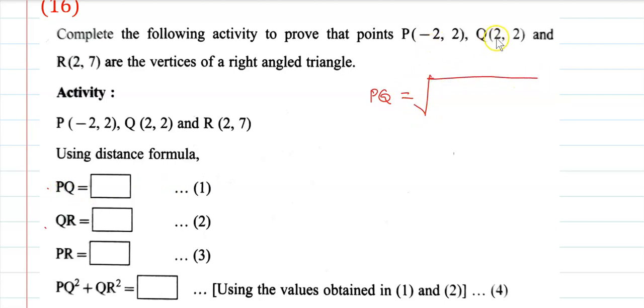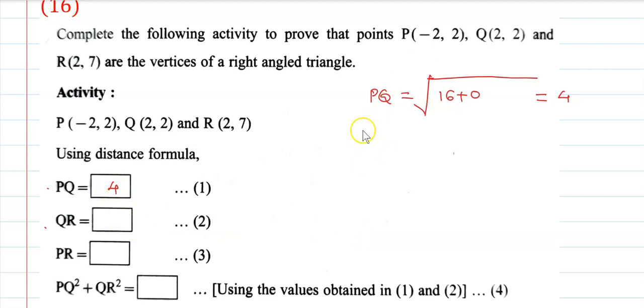Then first we find out the distance PQ, applying the distance formula. PQ: 2 minus in bracket -2, that is 2 plus 2, it will become 4. And 4 square means what? You will get here 16 plus 2 minus 2, you will get here 0. And its square root is 4. Okay, this is the first, PQ is equals to 4.